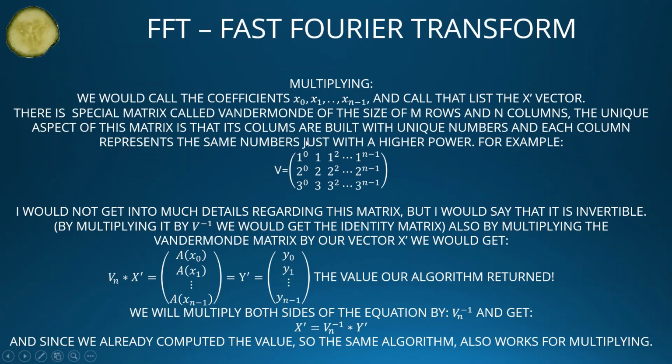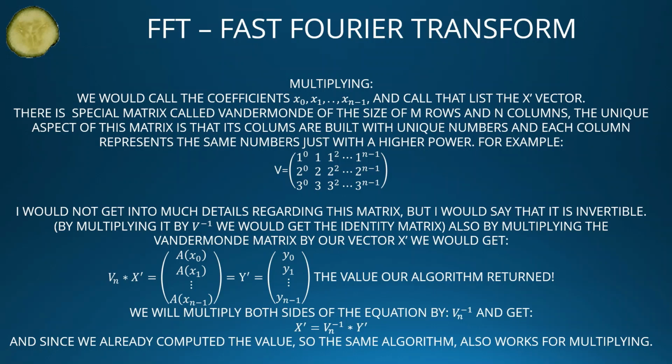For example, for the values 1, 2 and 3, this would be its respective Vandermonde. The first column all equals 1, the second column equals the numbers themselves, and from then we are using the numbers on a higher power. So the third column is to the power of 2 all the way to the nth column, which is to the power of n minus 1.